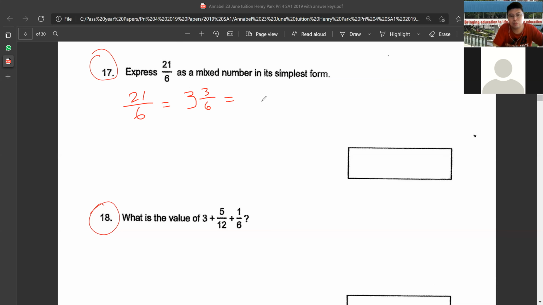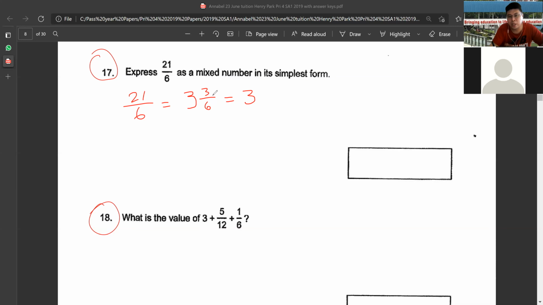I don't know. You think. 3 over 6 is what? Simplest form is? What's the simplest form for 3 over 6?